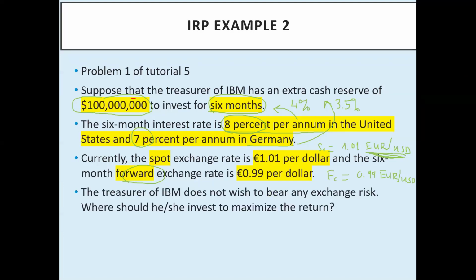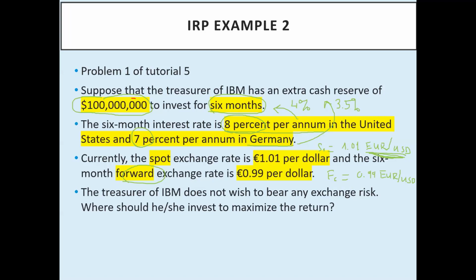Now, we also don't want to bear any exchange rate risk. That means we have to involve the forward contract to eliminate any future exchange rate movements. Okay. So the question here is which country do I invest in? Where should I invest to maximize my returns?